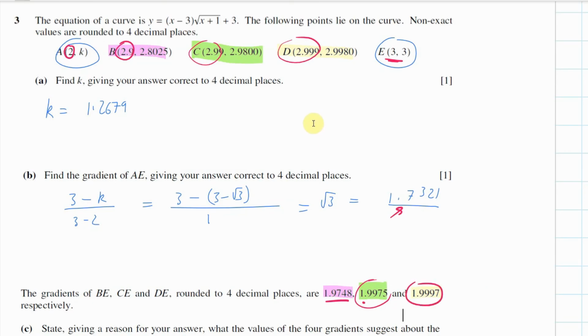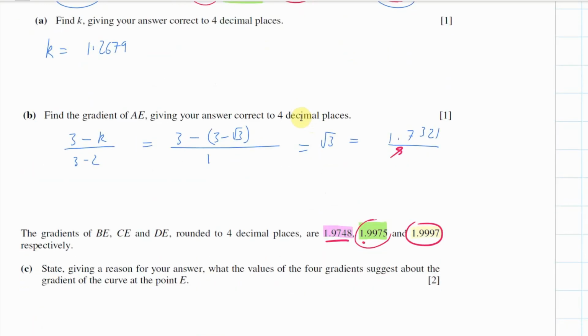So you can see, as the point that we're drawing a tangent from, or finding the gradient from to E, gets closer and closer to E, as the distance between those 2 points is smaller and smaller, the gradient seems to be approaching 2. So what could we say?